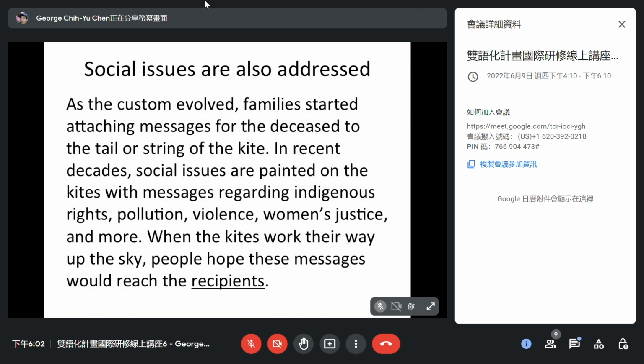As a custom evolved, custom means 习俗，习俗的演化. Families started attaching messages for the deceased to the tail or the string of the kite. 他们会连接一些讯息在那个风筝上面.